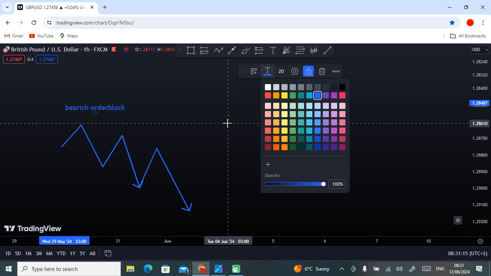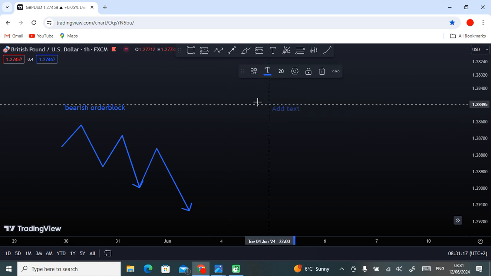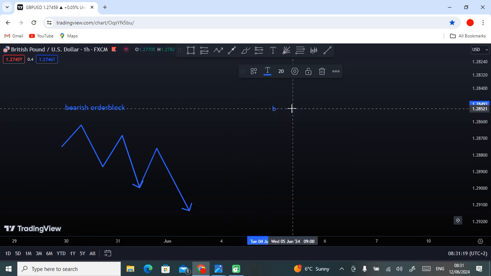Now we're going to be talking about a bullish order block. Let's write it here. Bullish order block. Then what is a bullish order block?